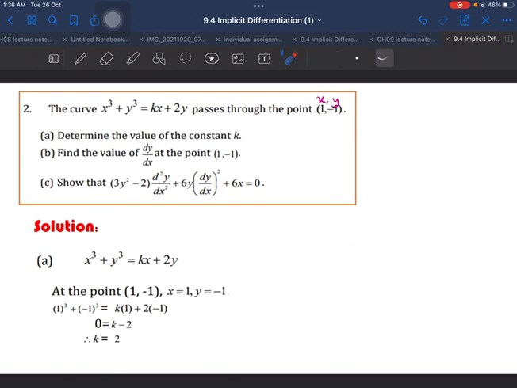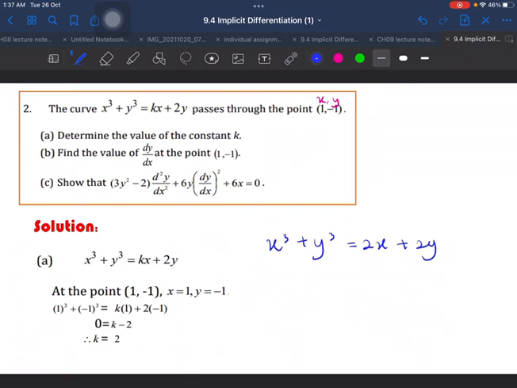We know that 1 cube plus negative 1 cube equals k times 1 plus 2 times negative 1. And then we get the answer k equals 2. So our equation is x cube plus y cube equals 2x plus 2y.